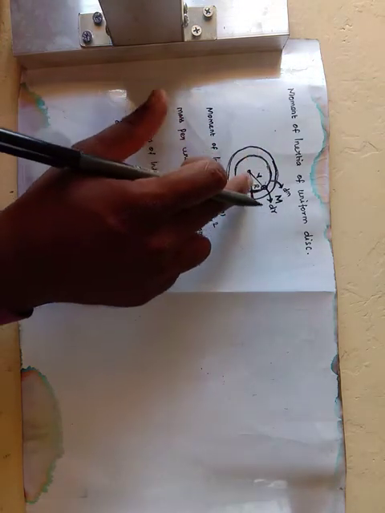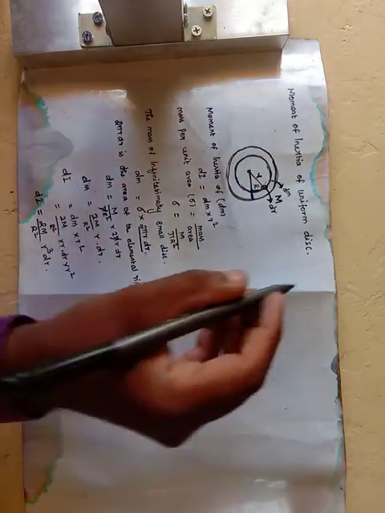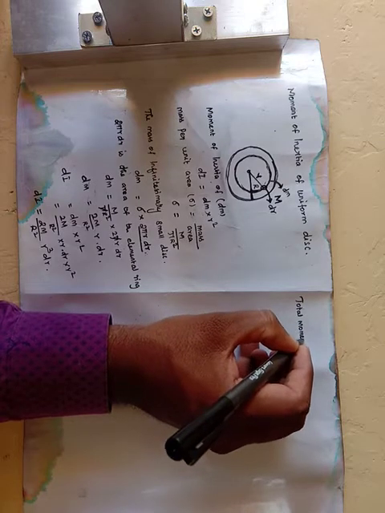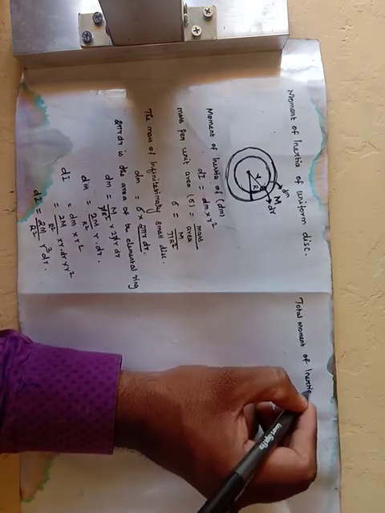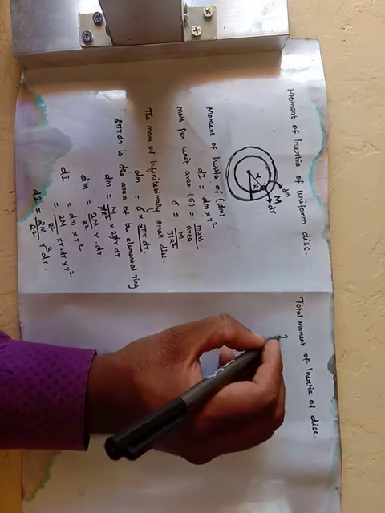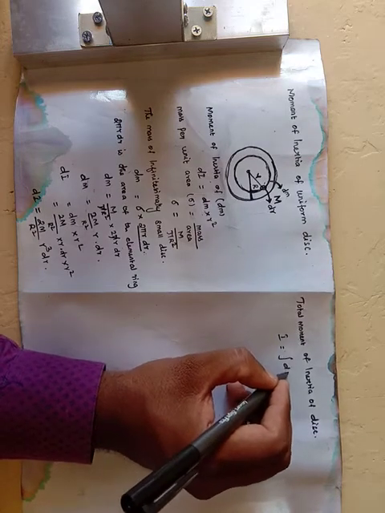This is the moment of inertia for the smaller area. From this we can calculate the total moment of inertia. How can you calculate the total moment of inertia of the disk? I is equal to the integral of dI.